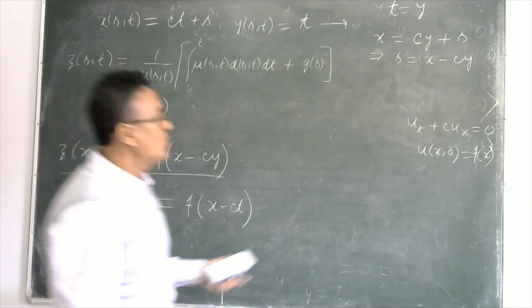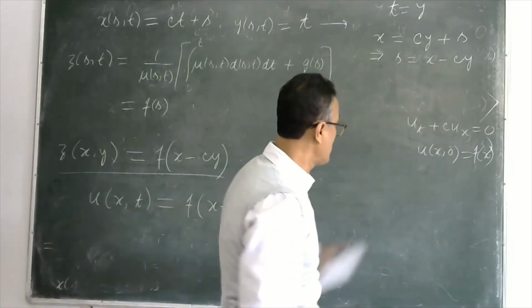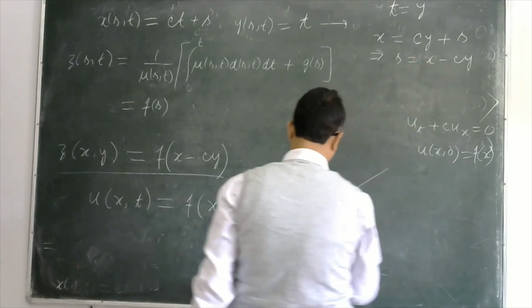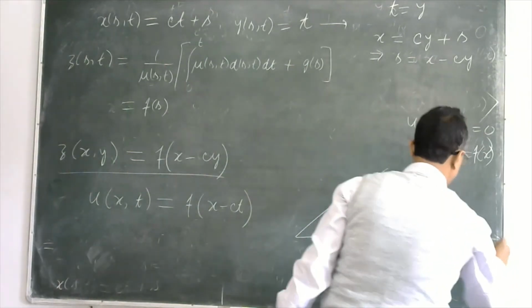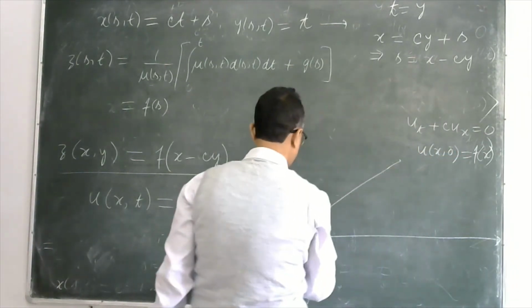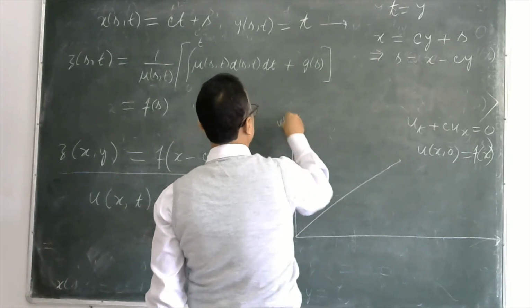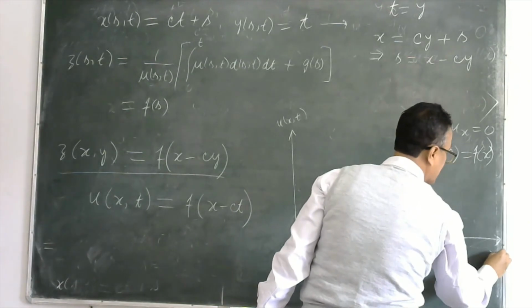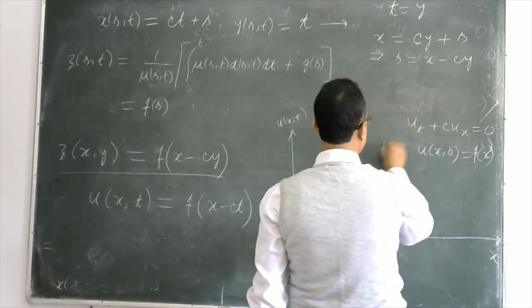You have one initial profile here. Say suppose this is my x line and this is my t line.